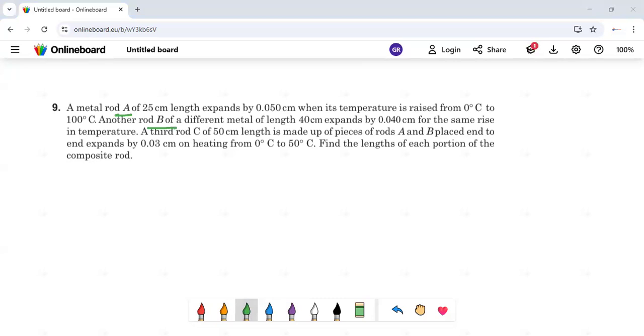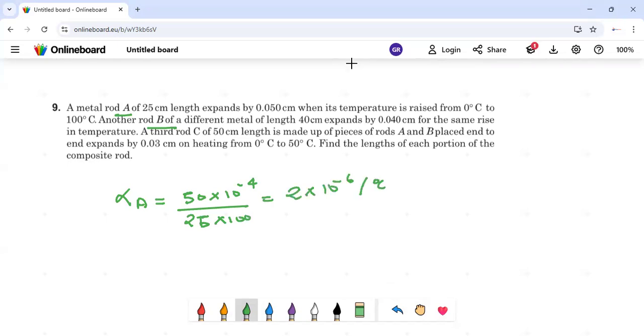By the given information, I can get the alpha of A as 50 into 10 to the power minus 4 upon 25, by 100. So this will come as 2 into 10 to the power minus 6 per degree Celsius.